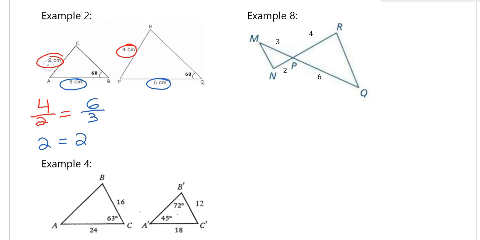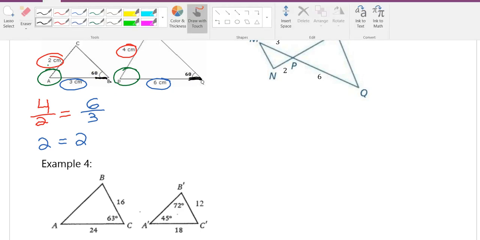Well, the angle between these sides is here. The angle between these sides is here. I don't know anything about those angles. I know angle B and angle C, right? But that's not the angle between them. So I cannot say these are similar.